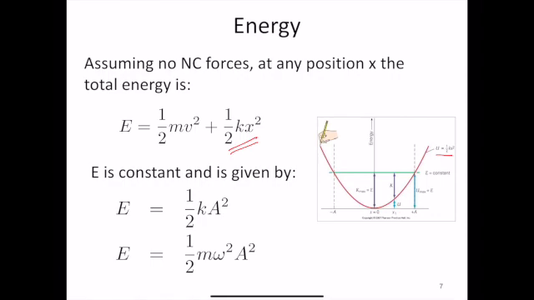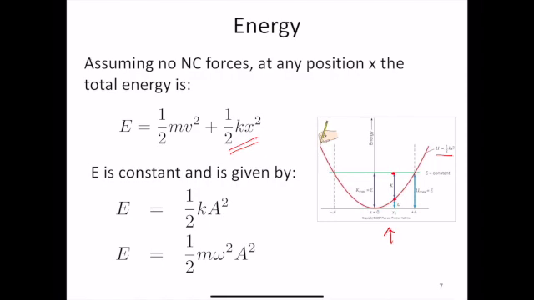The total energy will remain constant. That's this horizontal green line, right? And so the kinetic energy will just be the difference between the total energy and the potential energy. For example, over here, the potential energy is this point on the graph, and the total energy is this point on the graph, and so the kinetic energy is just the difference between those two.